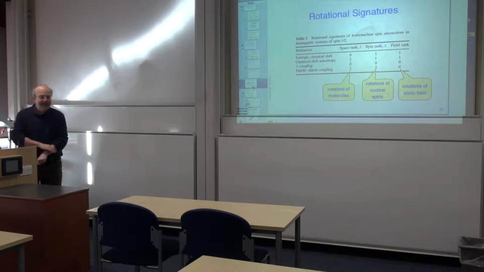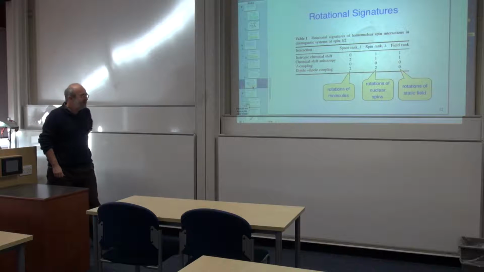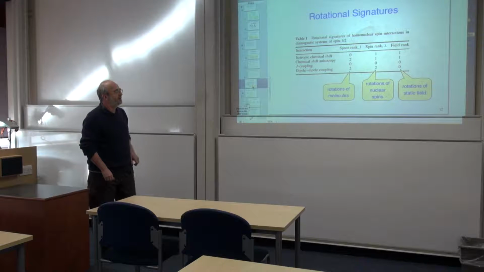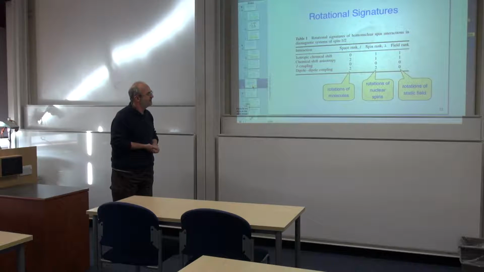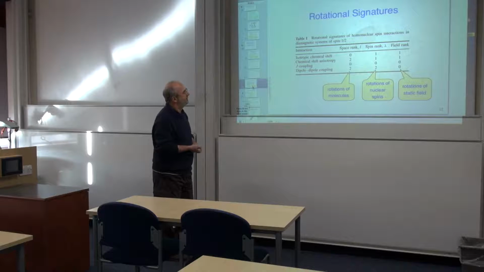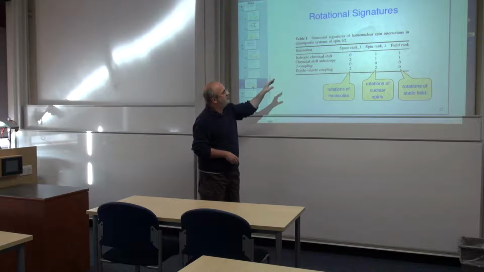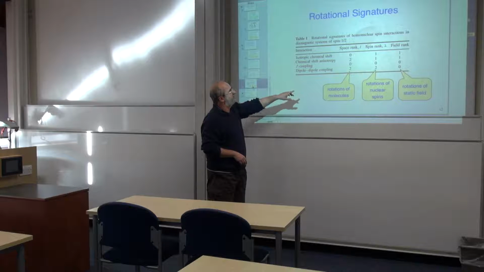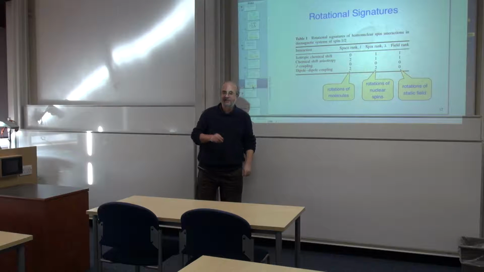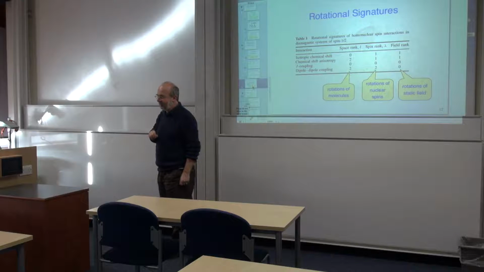If I remember, last week we were starting to get into the rotational properties of the nuclear spin interactions, and we were looking at this table, how the different spin interactions have different ranks with respect to rotations.